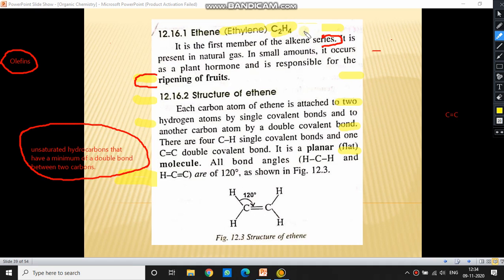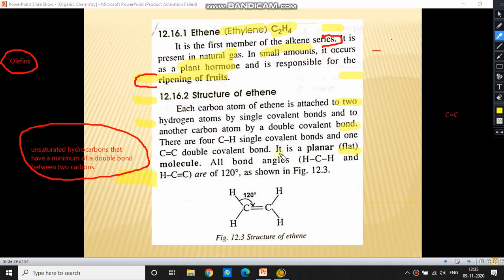It is the first member of the alkene series, and it's very important because in small amounts it is used in artificial ripening of fruits. It occurs as a plant hormone. Ethylene is a plant hormone. It occurs naturally in plants and helps in the ripening of fruits.